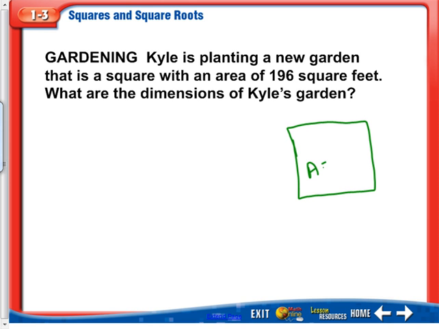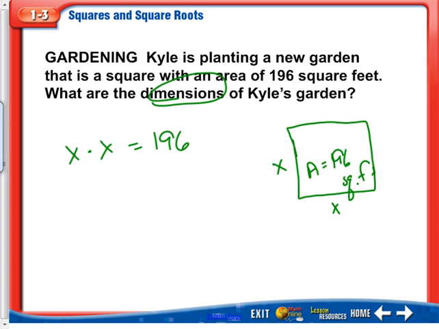I know the area of this is 196 square feet. What I want to know is what are the dimensions. So I want to know what is this side and what is this side. Now I know since it's a square, it's just going to be x times x, and that's going to equal that 196. All right, but I got to figure out what is this.